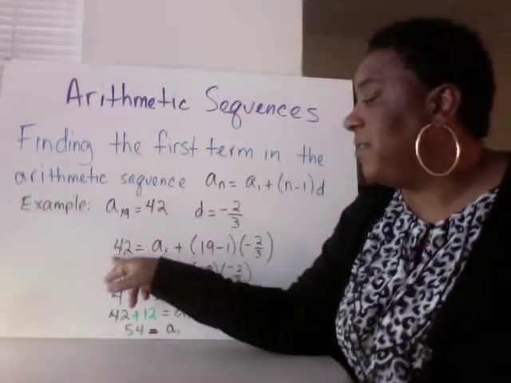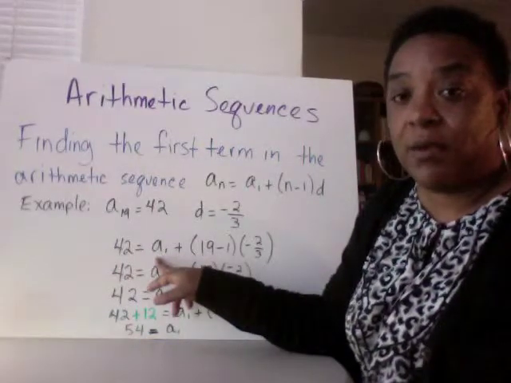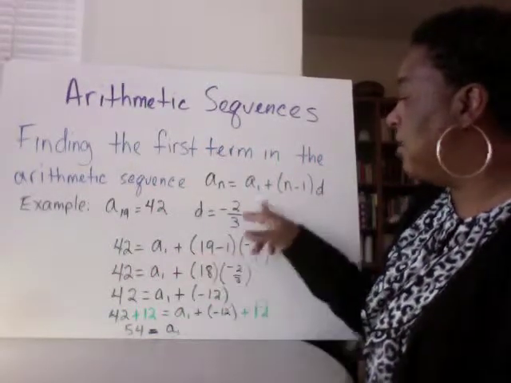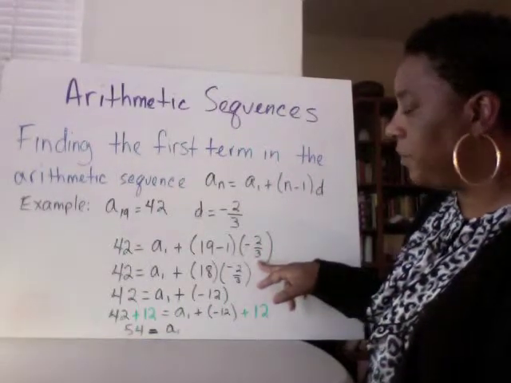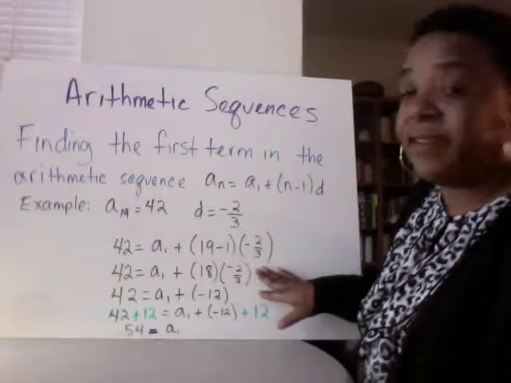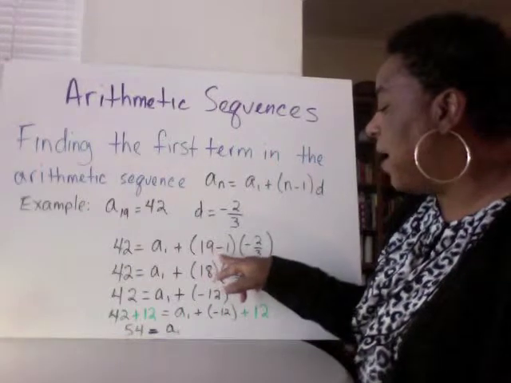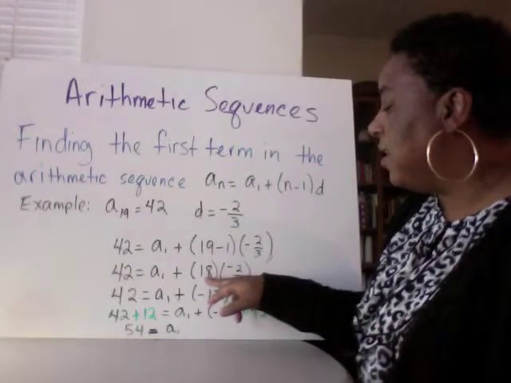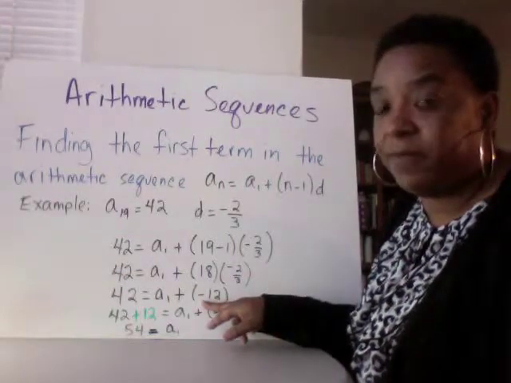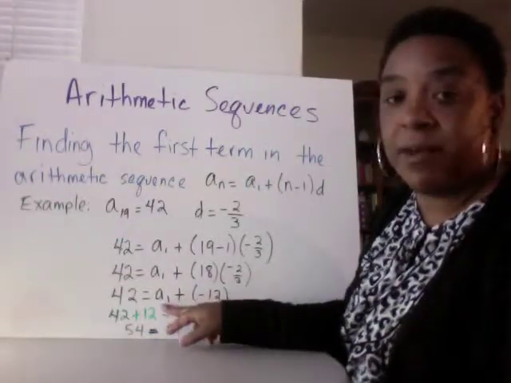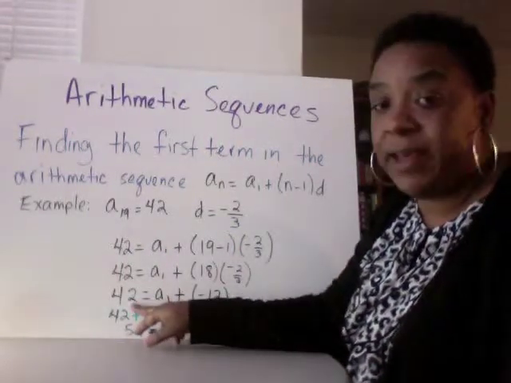So the 19th term is 42, a sub 1 is our unknown, 19 is our n, and d is -2/3. So on the right side of our formula, we have that 19 minus 1 is 18, then 18 times -2/3 simplifies to -12. So to get a sub 1 by itself, we want to add 12 to both sides of our equation.